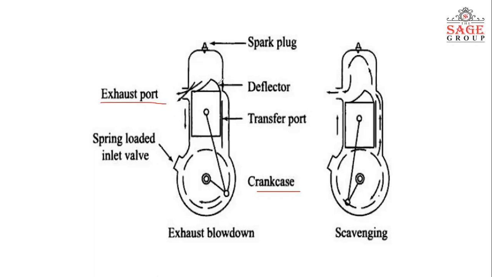In this two-stroke SI engine, the air is inducted into the crankcase through the spring-loaded inlet port when the pressure in the crankcase is reduced due to the upward motion of the piston during compression. After the compression and ignition, expansion takes place in the usual way.